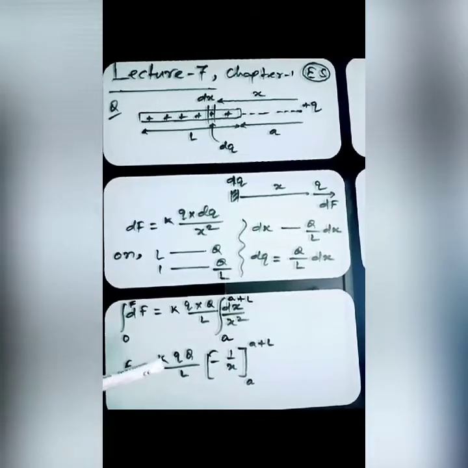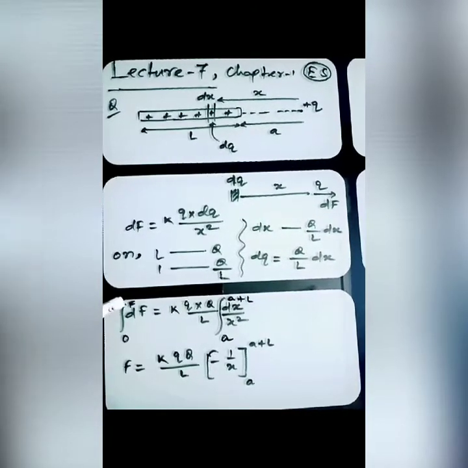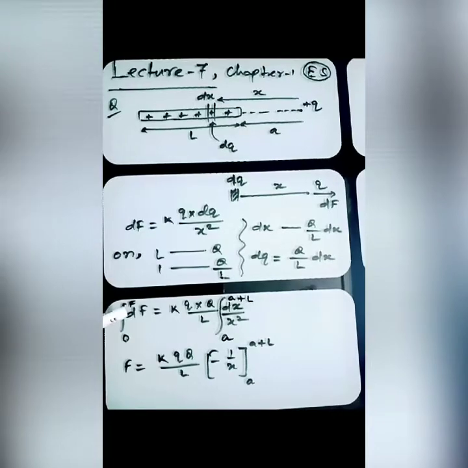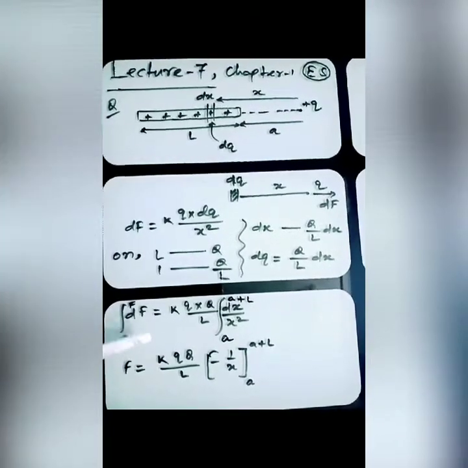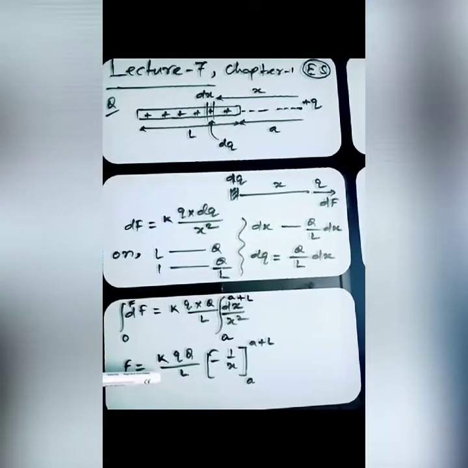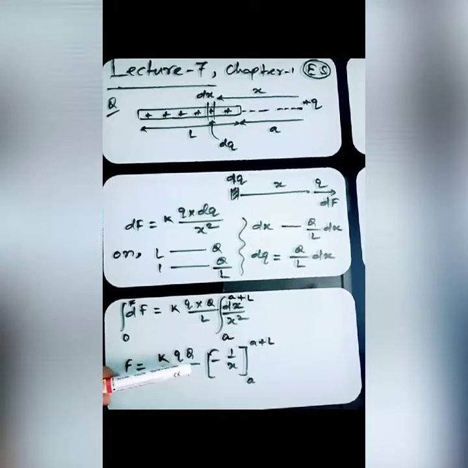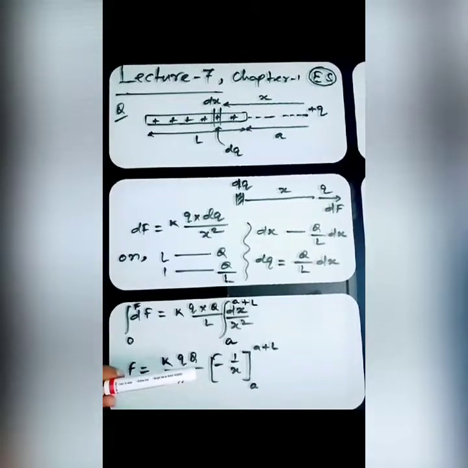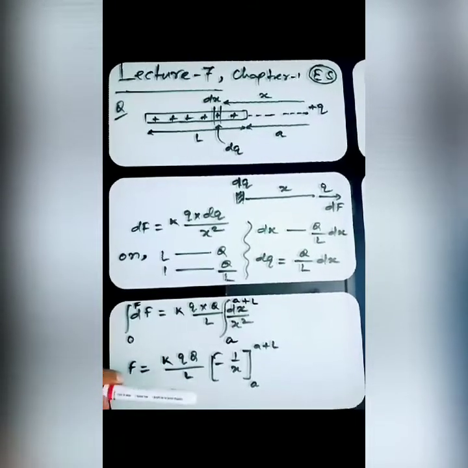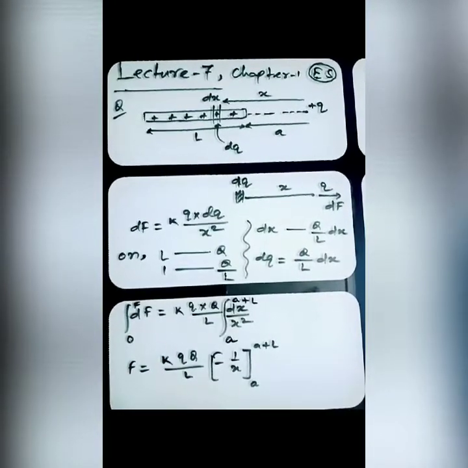At a the force will be zero, and the force will be maximum at the total length a plus L. So this is your equation after putting the value, that is kQq by L, and the integration of 1 by x squared will be minus 1 by x, integrated with the proper limits a to a plus L. Now you will have the answer.